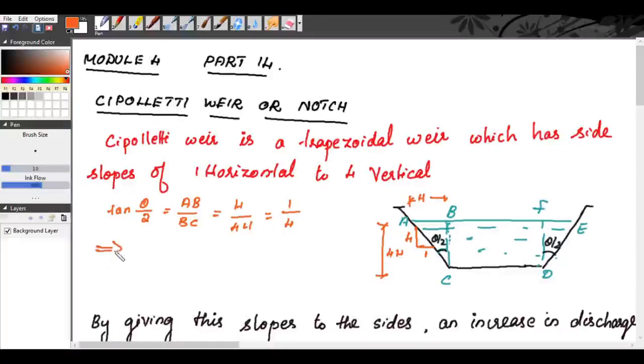From this we get theta by 2 is equal to tan inverse of 1 by 4, that is equal to 14 degree 2 minutes. So this angle ACB equal to angle FDE will be equal to 14 degree 2 minutes for a Cipolletti weir. Now we will try to prove this.